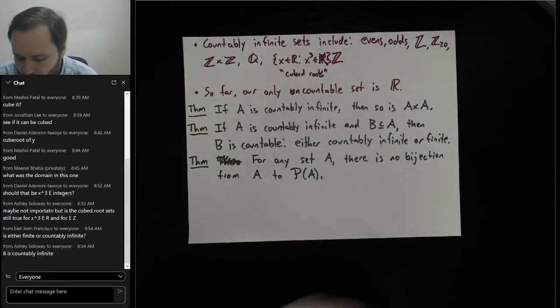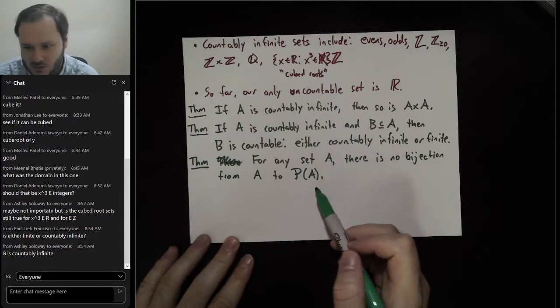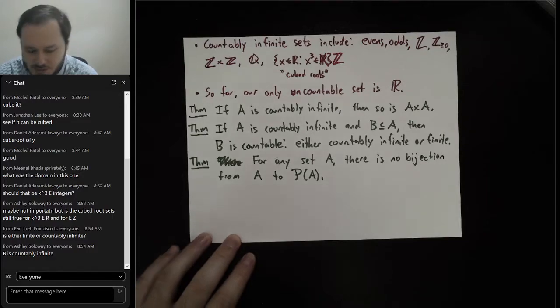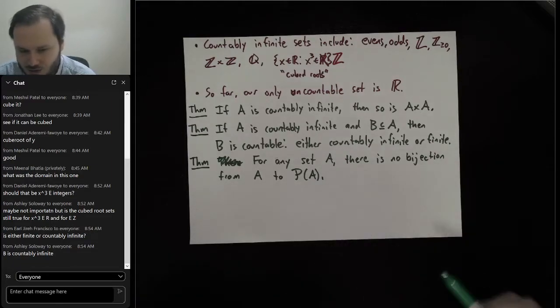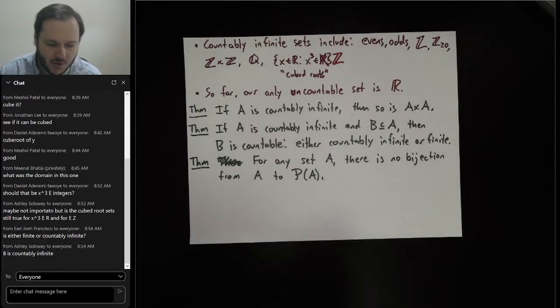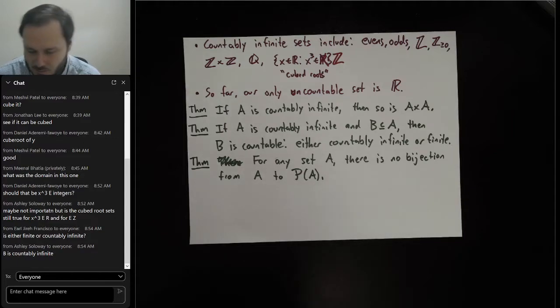You can never go from a set to its power set. So this proof is going to look a lot like our diagonalization proof for the real numbers, where you change all the digits one by one, but a little bit more involved because you're dealing with sets.